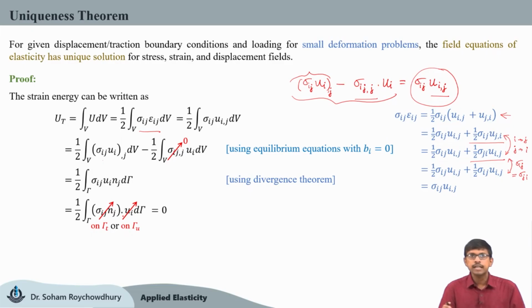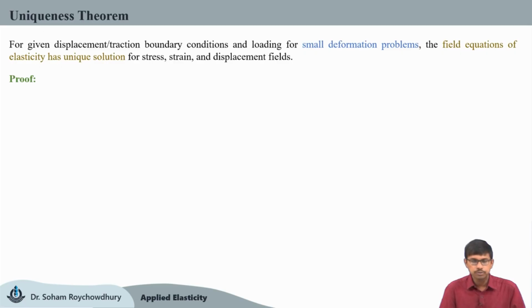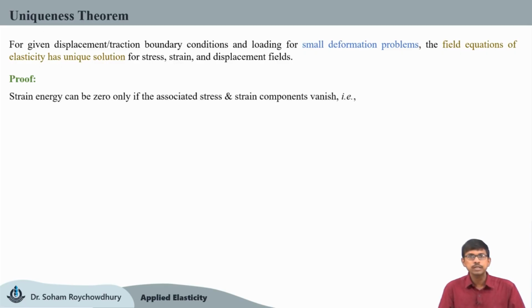The total strain energy for this different solution state is equal to 0. Now, if the total strain energy of this state is 0, the associated stress and strain components must vanish, because U is equal to half of sigma ij epsilon ij. U being 0, both sigma ij and epsilon ij components must go to 0.